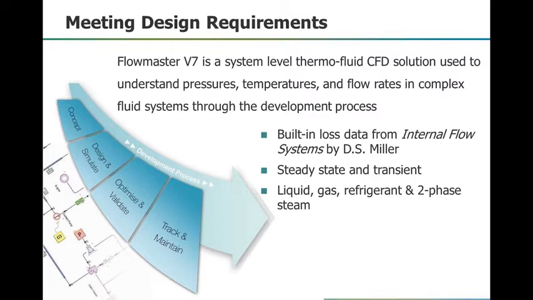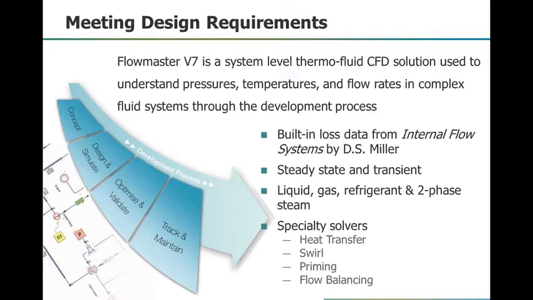In addition to just the standard steady state and transient, there's also a lot of specialty solvers to look at different types of applications, such as heat transfer, swirl in gas turbine engines, priming for engine lubrication, as well as flow balancing for easily sizing your systems.